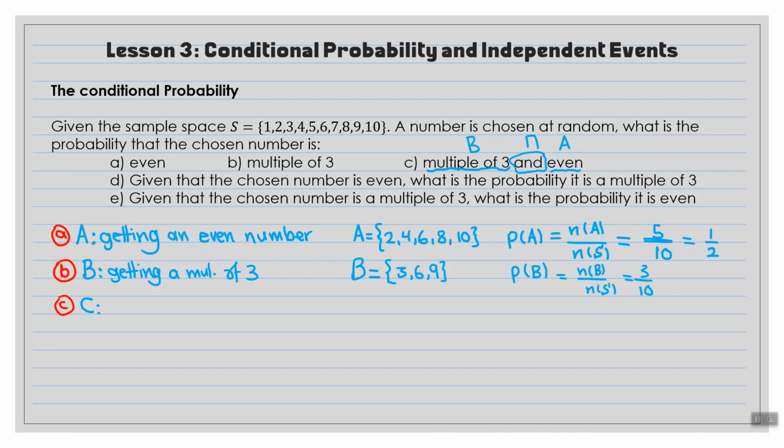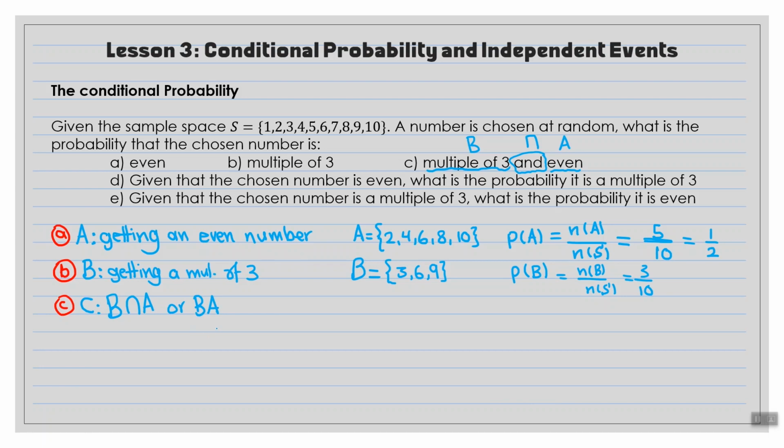So in part C, what they're actually looking for is B intersection A, or BA, right?